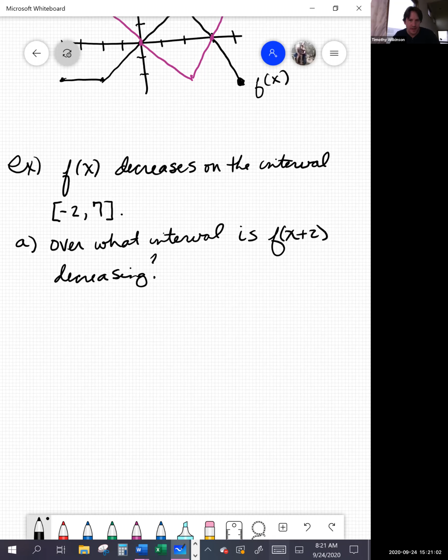So if I took this black graph, or that line that was just decreasing from negative 2 to 7, and I start flipping this across the x-axis, it doesn't really matter where my line is, but just to give you a visual.